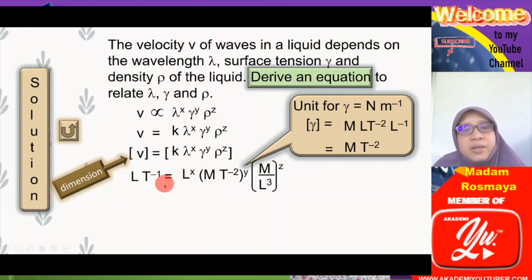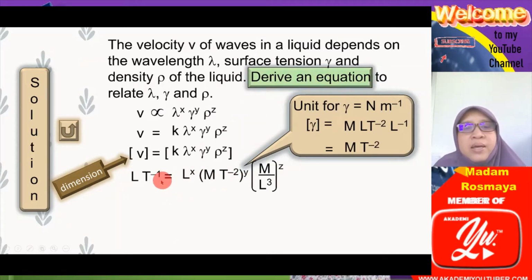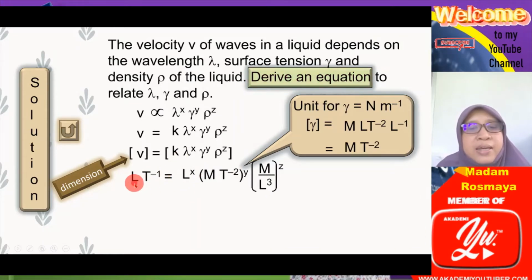Okay, now both sides, left and right, must have equal dimension. Okay, we use dimensional rules. So for both variables to be equal, their dimension must be equal. Okay, so for length, for example, we simplify this first.